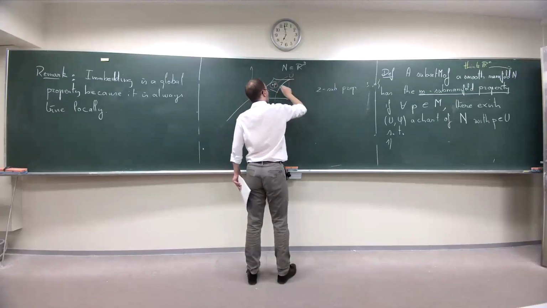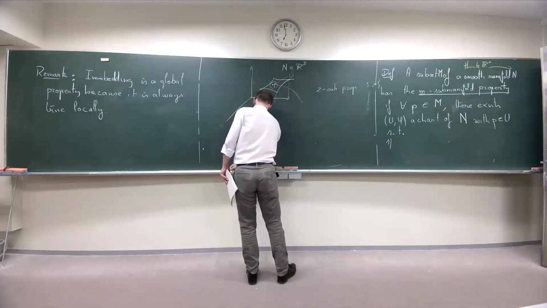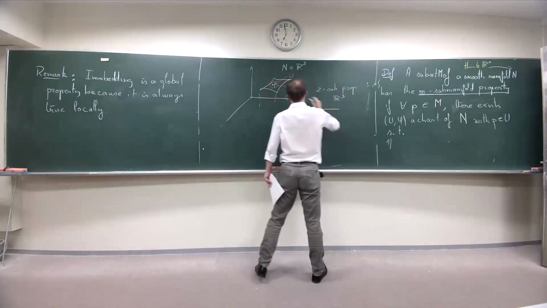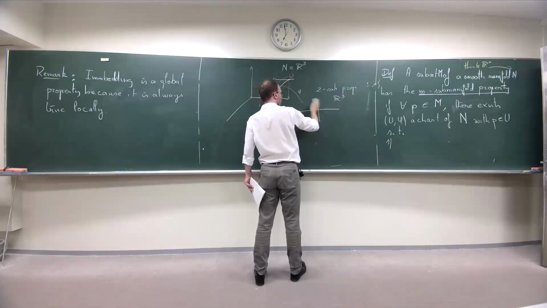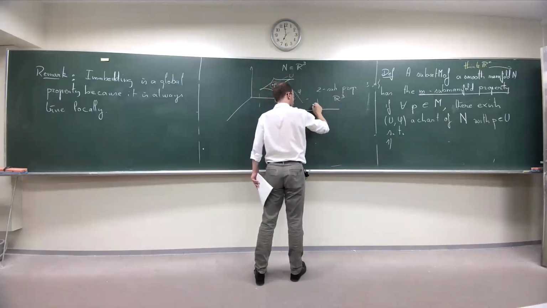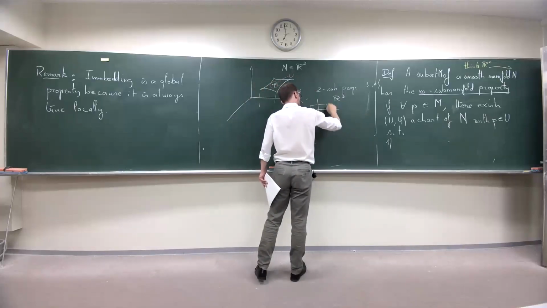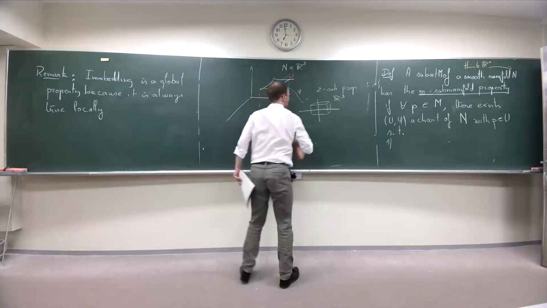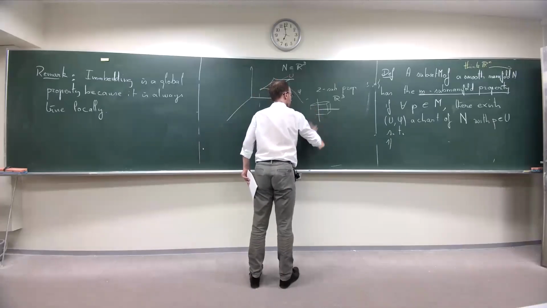U and a map from this U to a certain box in R^3, be careful with my picture. This is a box in R^3.